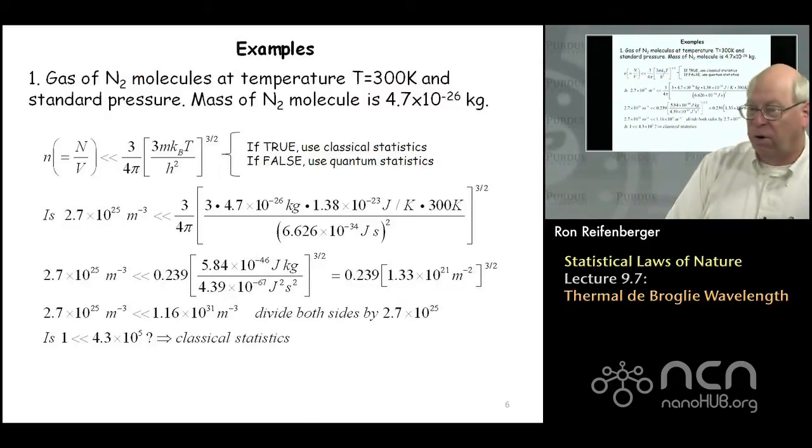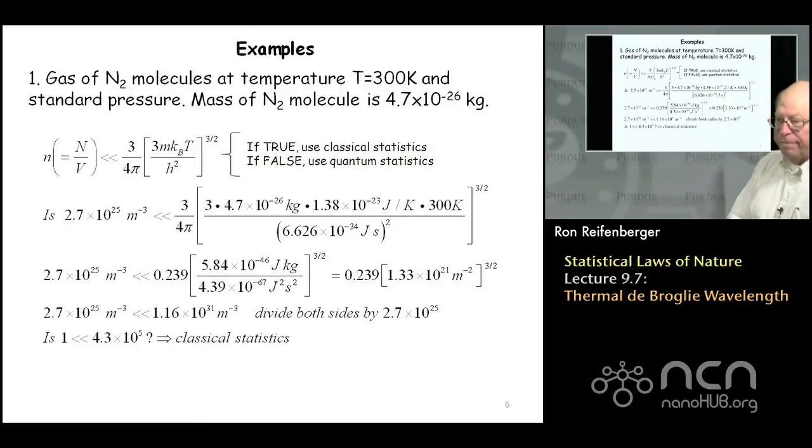So it's useful to work through some examples. You can check my numbers at home. The first example is a nitrogen molecule. So this is 2 nitrogen atoms at 300 degrees Kelvin. You can look up the mass of a nitrogen molecule. It's about 4.7 times 10 to the minus 26 kilograms.